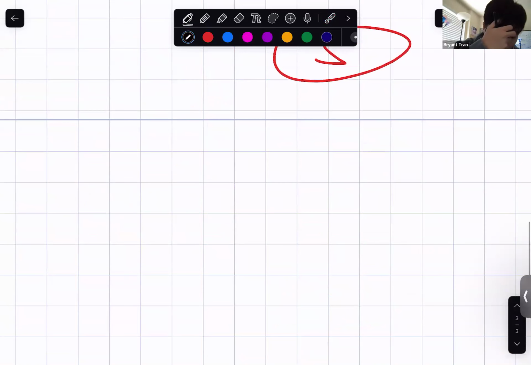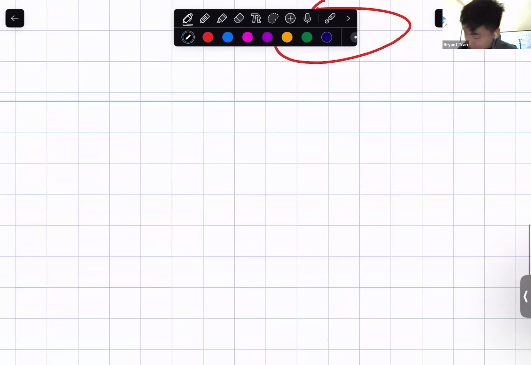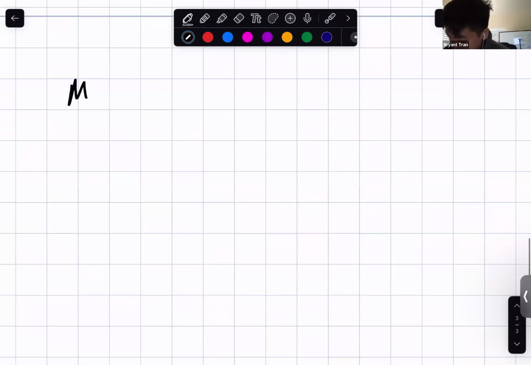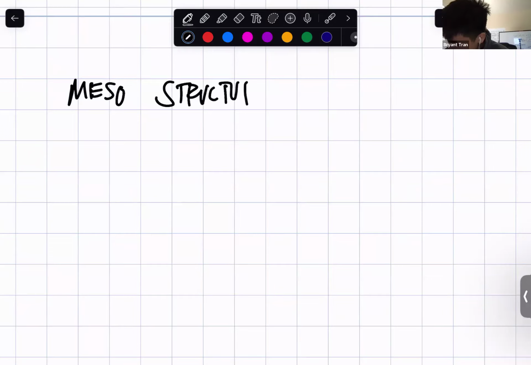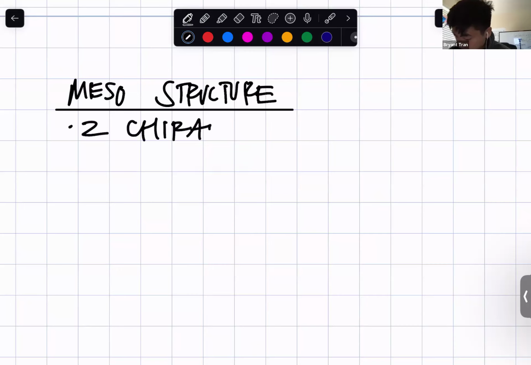So the next thing you wanted to go over is meso structure. Okay, so let's go over that. A meso structure is going to be a molecule that has two chiral centers usually, so two chiral carbons.